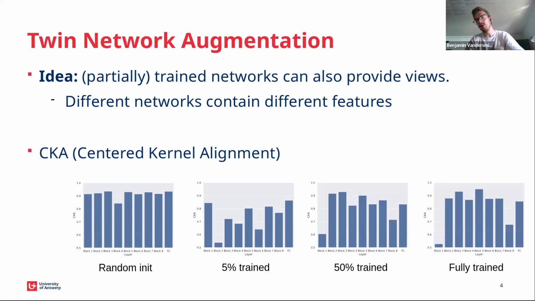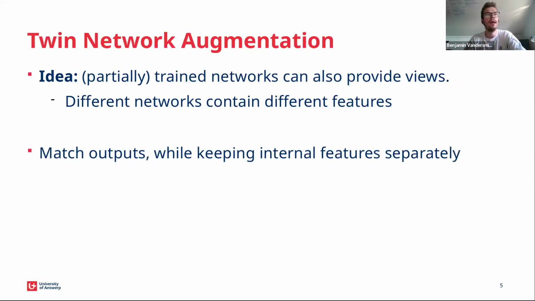Going further, we can see that while in some layers there is a large overlap of features, large similarity, in some layers there's also very little similarity, only around 50%. So the different networks do contain different features, so we could use them as different views of the same sample. And we only want to match the outputs of those networks.